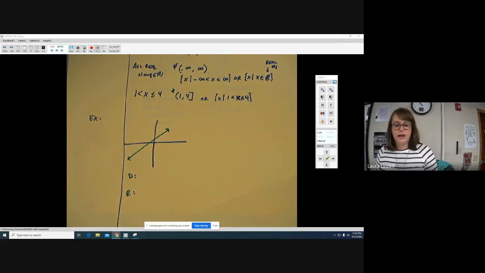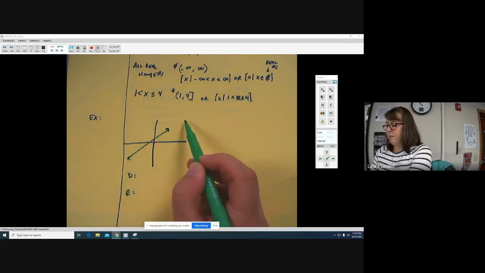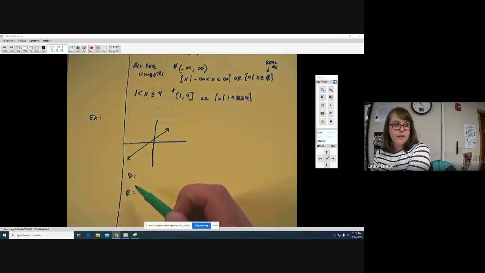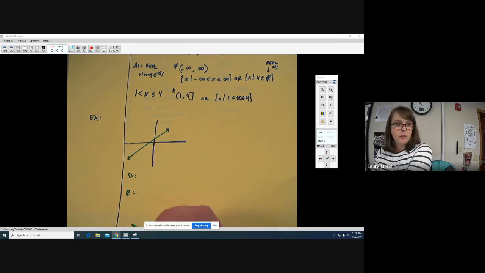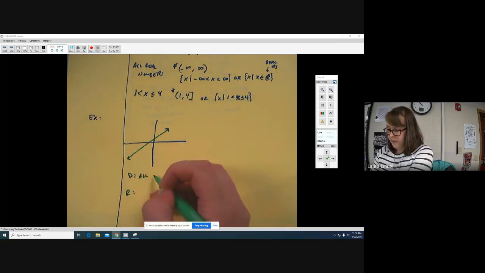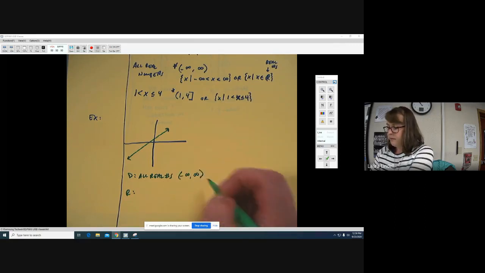Okay, so for a line, notice we have arrows on both ends. We have one arrow that's pointing up and to the right, and one arrow pointing down and to the left. That means that our domain, since we've got arrows pointing to the right and to the left, covers the span of all real numbers. So that would be negative infinity to positive infinity.